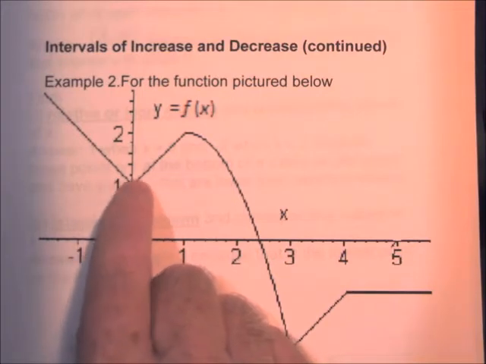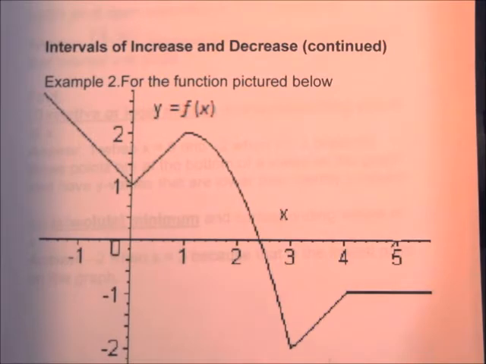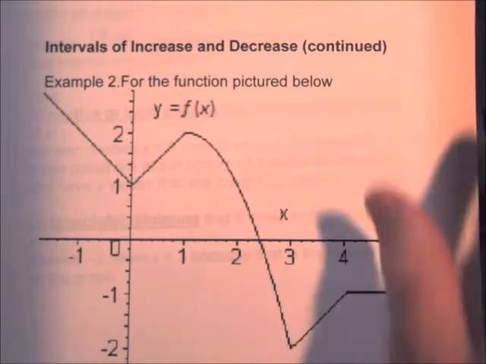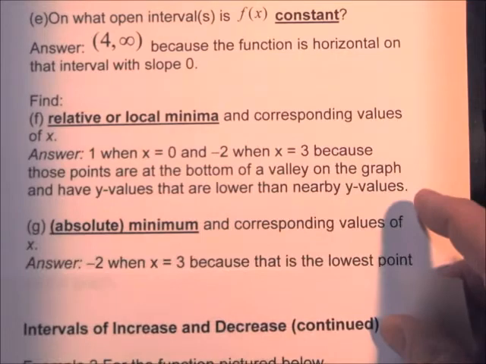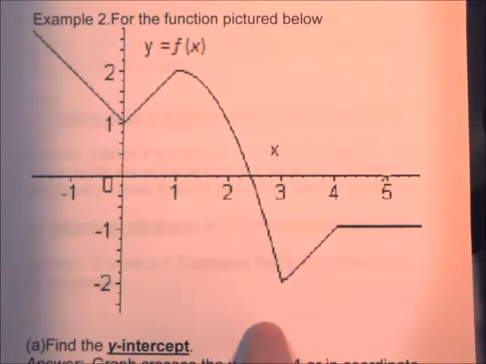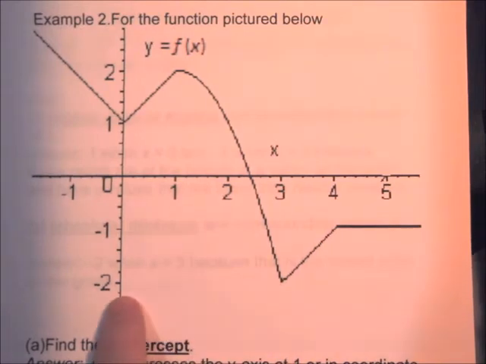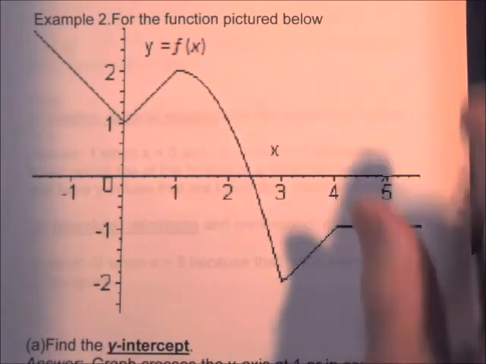It's lower than nearby points here. And likewise, we have a local minimum of negative 2, y is negative 2, when x is 3. Absolute minimum. That would be the smallest y value on the graph, which would be at negative 2. That's the absolute minimum.